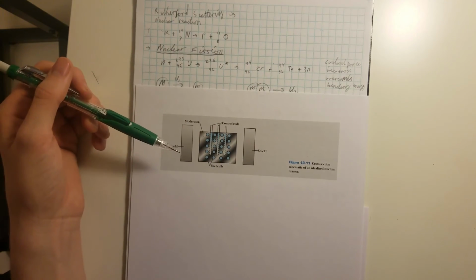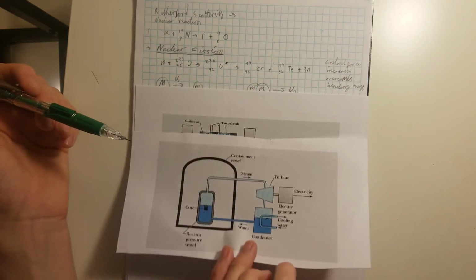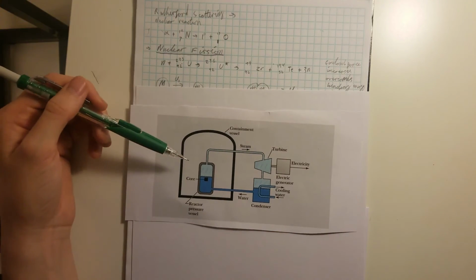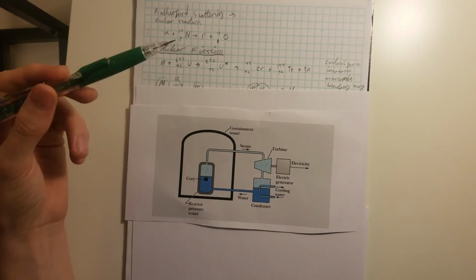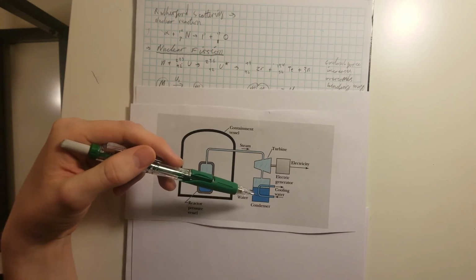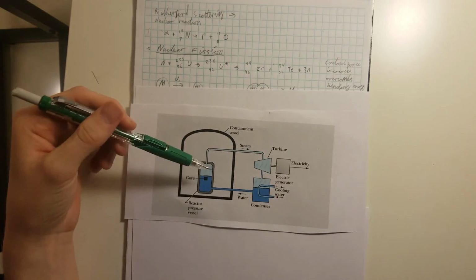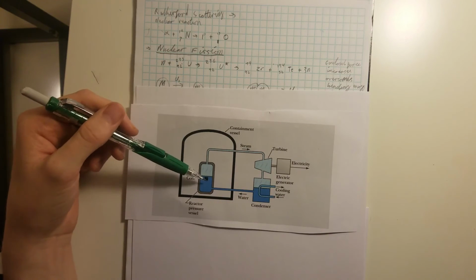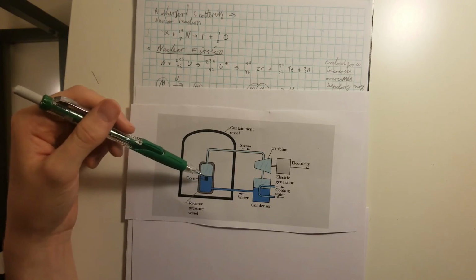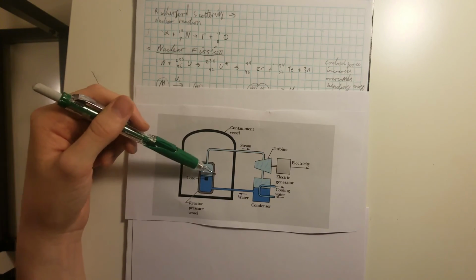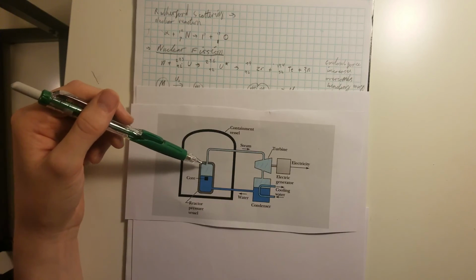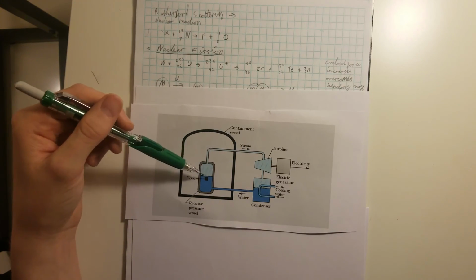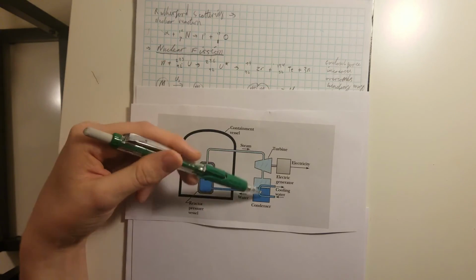The most common setup for nuclear reactors now is this, where water is sent into a reactor pressure vessel. The core, which would be where the fuel cells are and the actual nuclear fission is occurring, heats up the water, which produces the steam, which turns turbines and then gets condensed again.